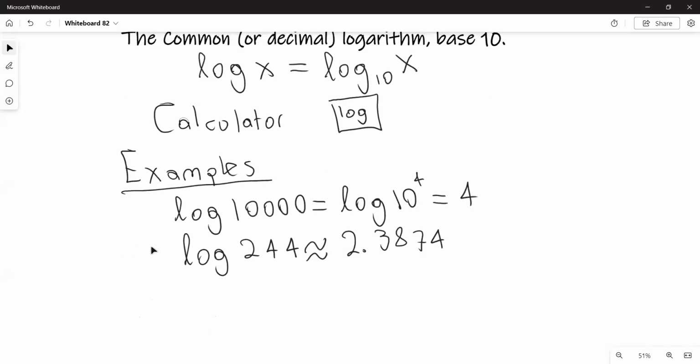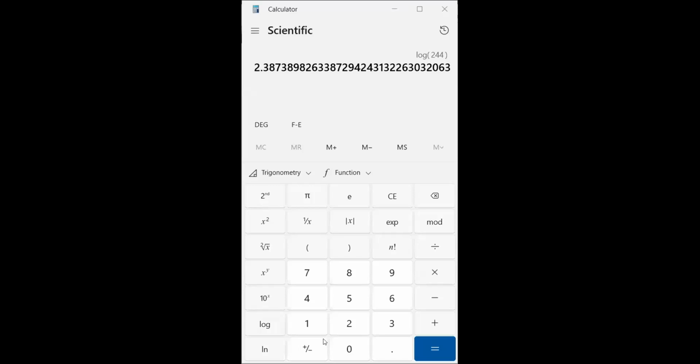Or the logarithm of 0.173. Okay, so calculator. I'm looking for the logarithm of 0.173.